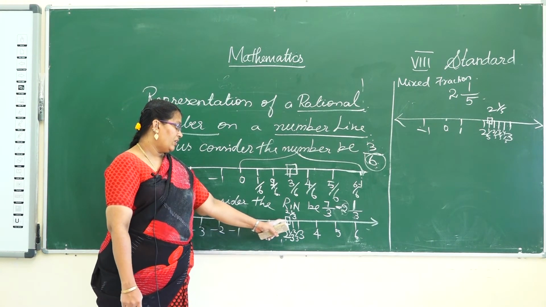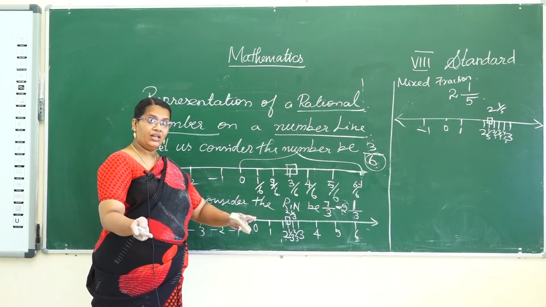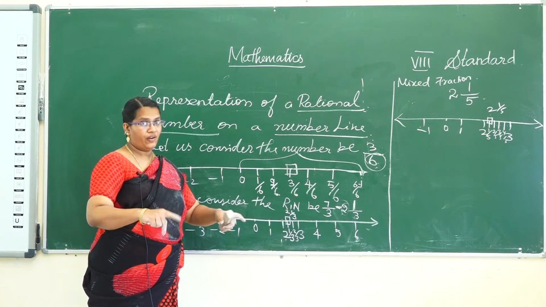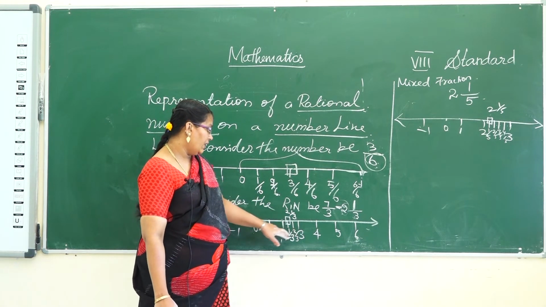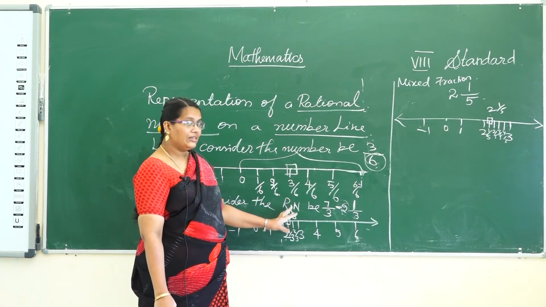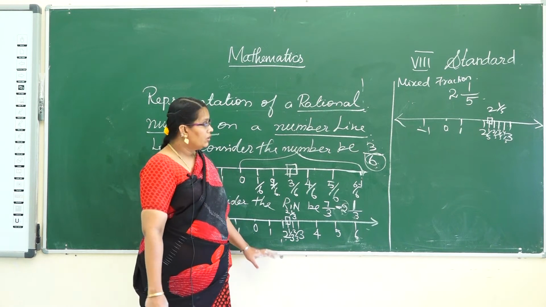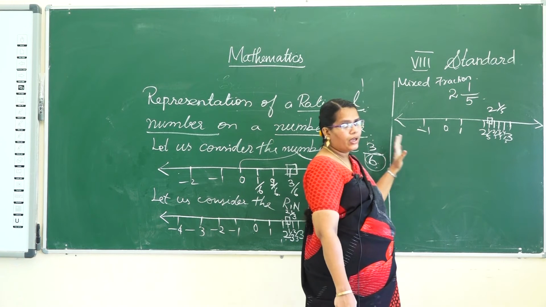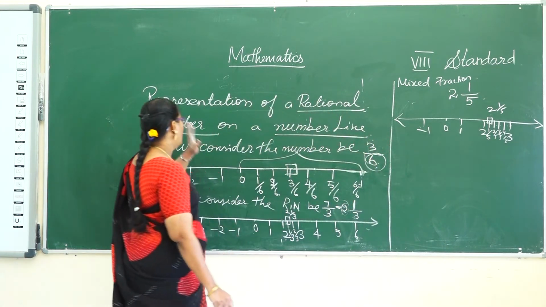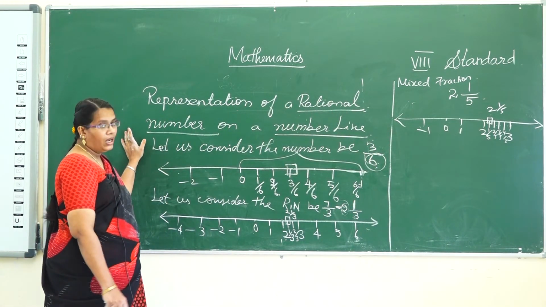First of all, find out which interval the number lies in, then divide the interval by the remaining fractional part, and then plot the given rational number. The same method is followed for a mixed fraction also.